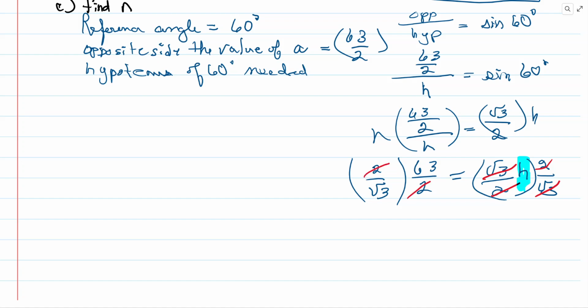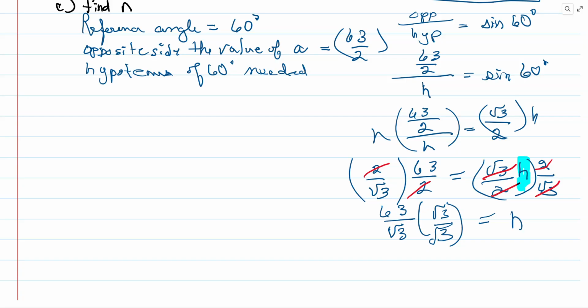This cancels this, and we don't like radicals in the denominator, so I'm going to multiply by the square root of 3 over 3. That's just like multiplying by 1.